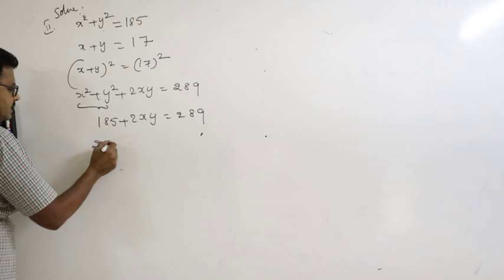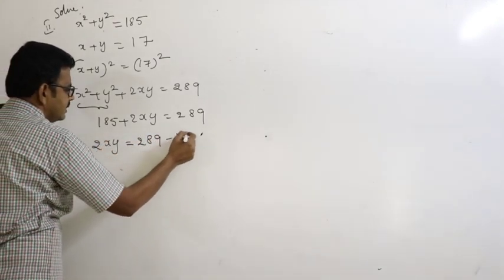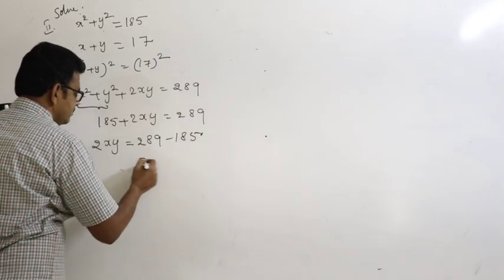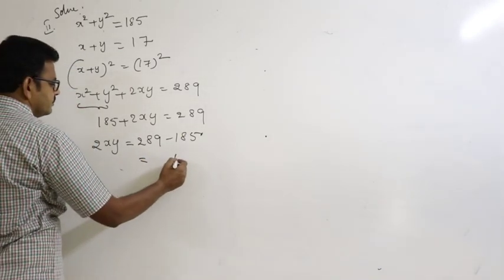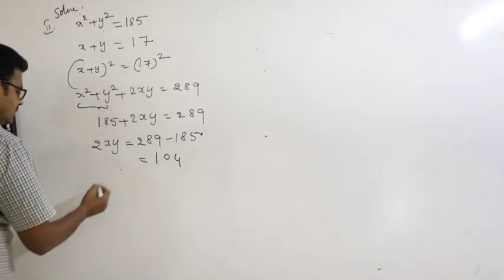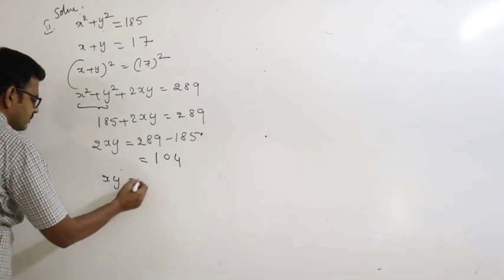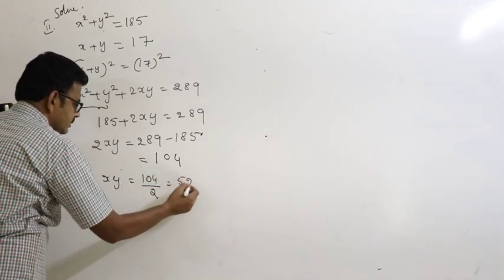So 2xy is equal to 289 minus 185, which is 104. Therefore xy is equal to 104 by 2, that is 52.